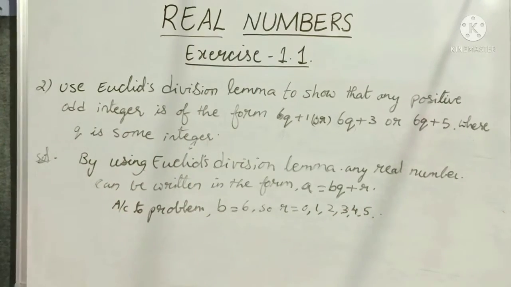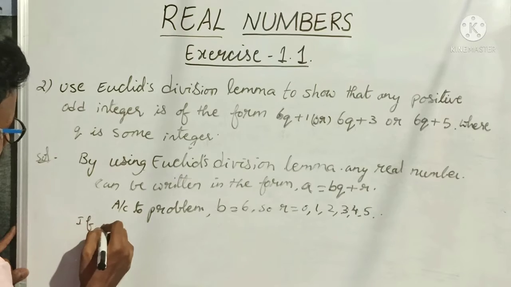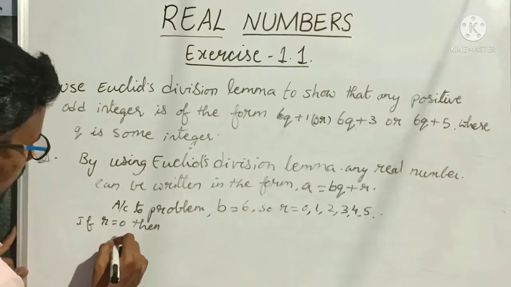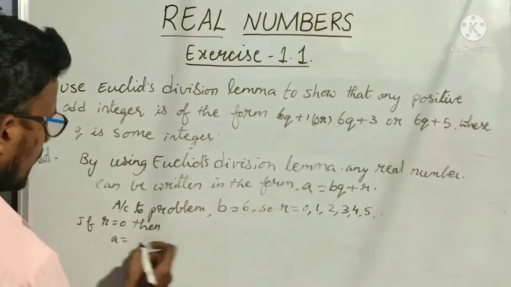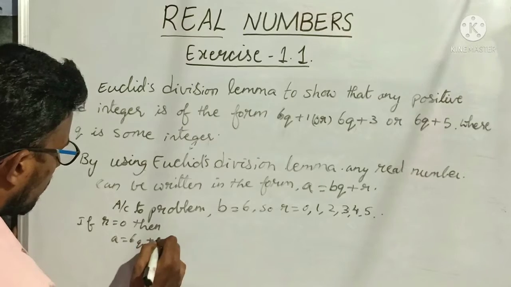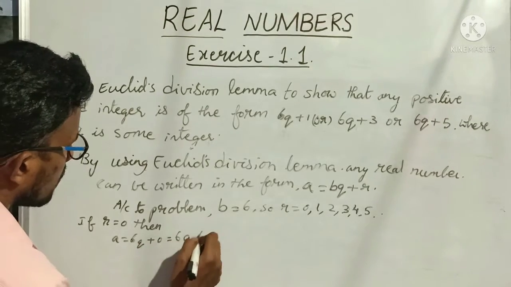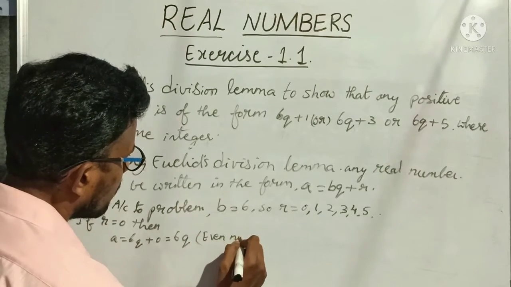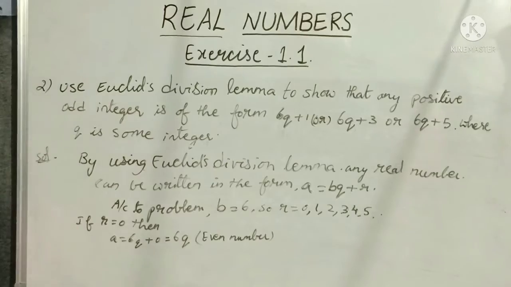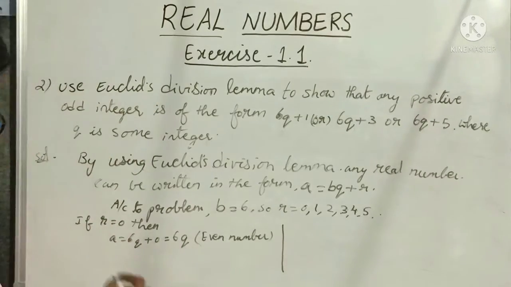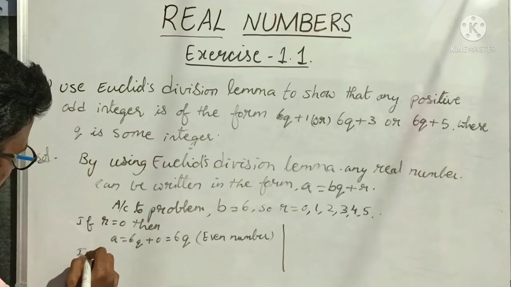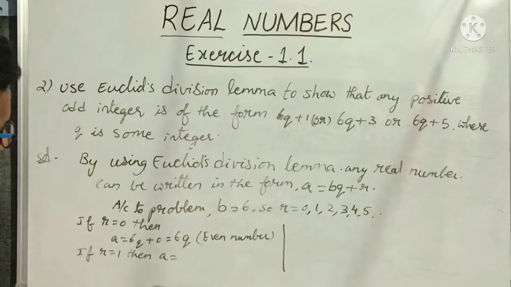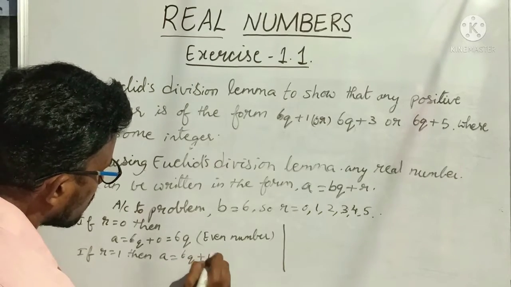So let us see now. If r is equal to 0, then a is equal to, if I substitute b as 6 here, 6q plus 0 is equal to 6q. So any number multiplied by 6 is what? Even number, right? Next, if r is equal to 1, then a is equal to 6q plus 1.